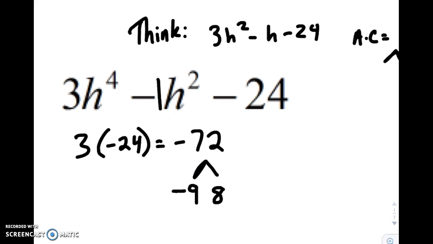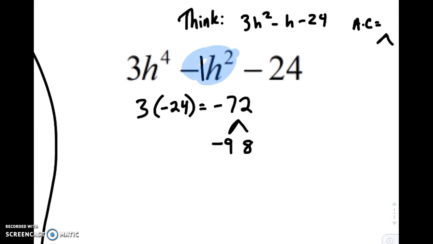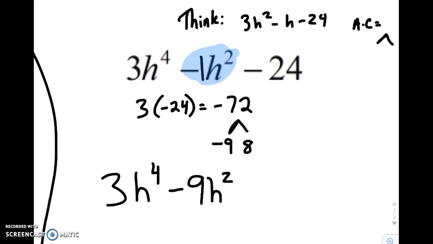At this point, it doesn't matter, but what you're going to do is you're going to rewrite this term. -1h squared, we're going to rewrite it a little differently. Okay? We're going to have 3 still, and then h to the 4th. But then I'm going to have -9h squared. And you may say, well, wait a second. You can't just throw in a -9h squared there, and you're absolutely right.